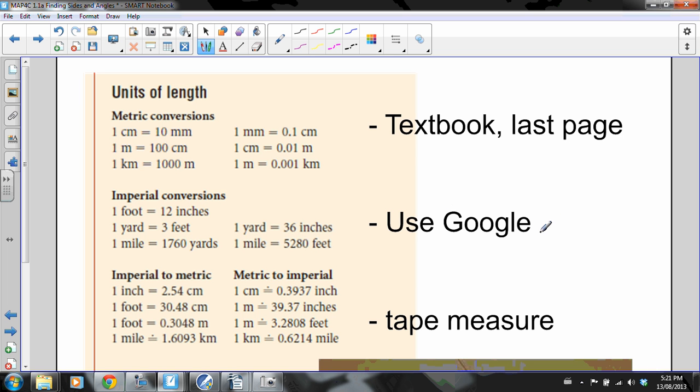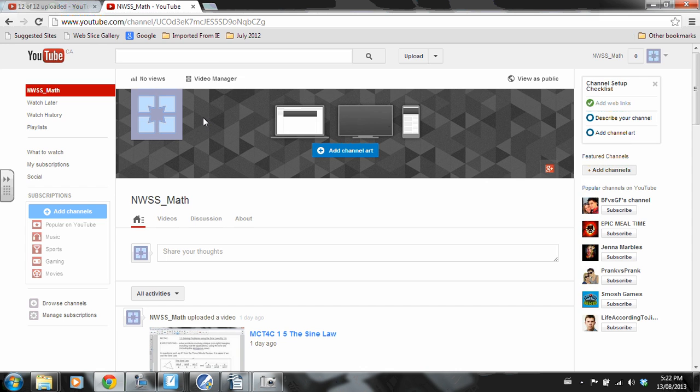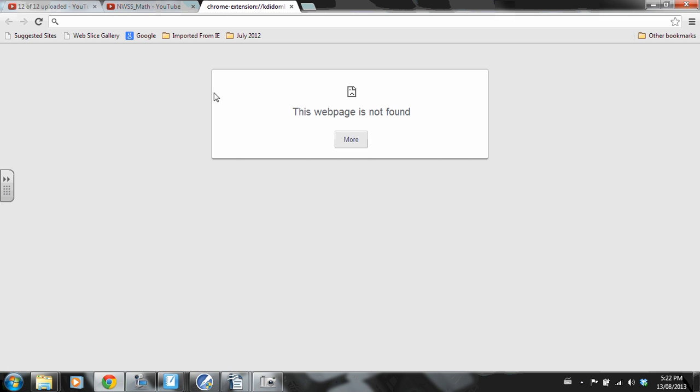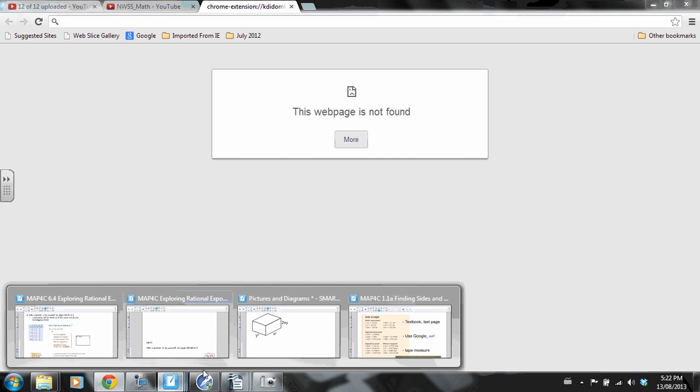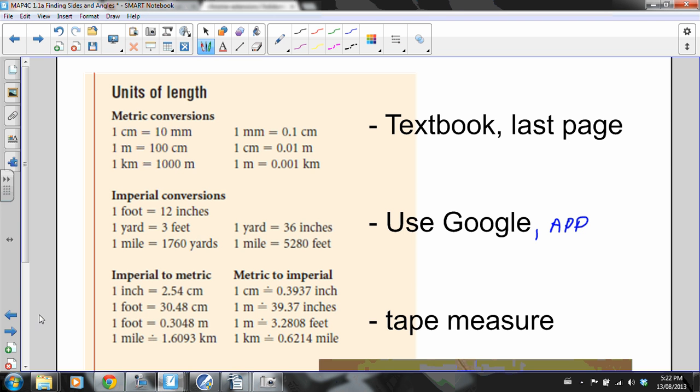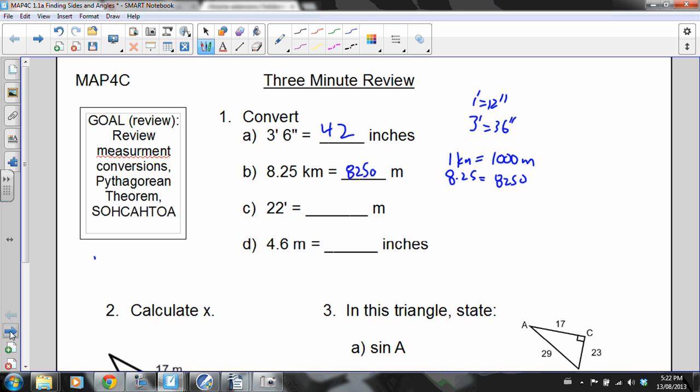You could use Google, right, or an app if you wanted to. So let me see if I got my Google handy here. Let's see, this is Google. We wanted to know what 22 feet was in meters.